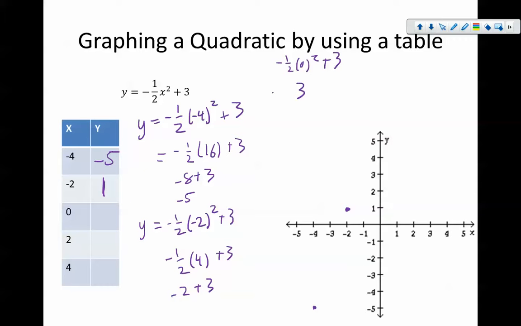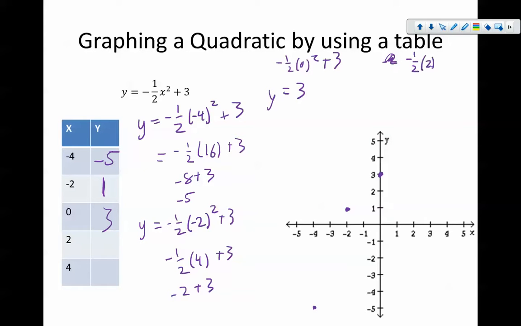Well, that's just 3, right? So there's 3. That's going to go there. So notice how it's kind of curving up right now. Notice that it's not increasing at the same rate. Okay, this is not a line. It will not create straight lines. It creates a curve.